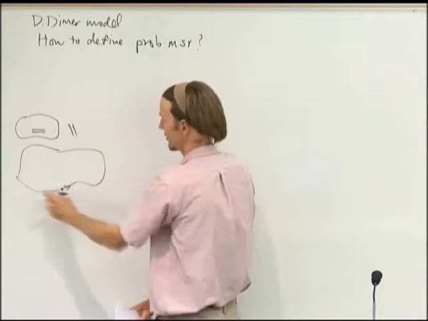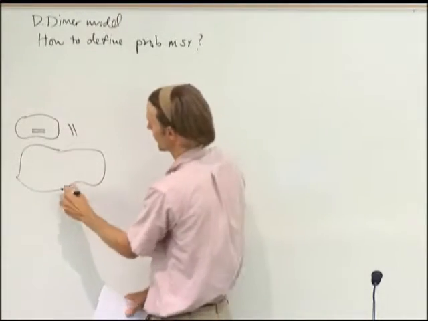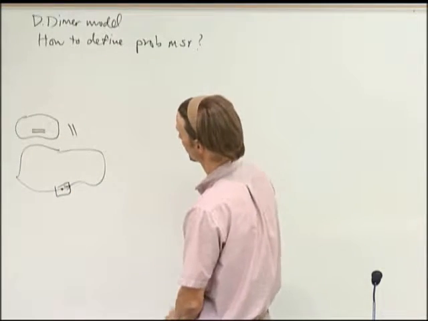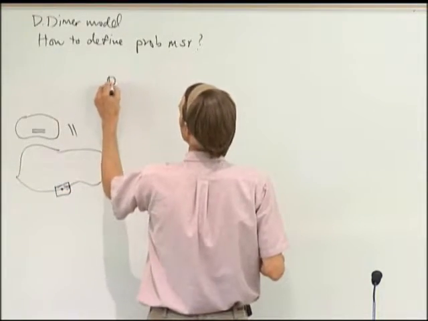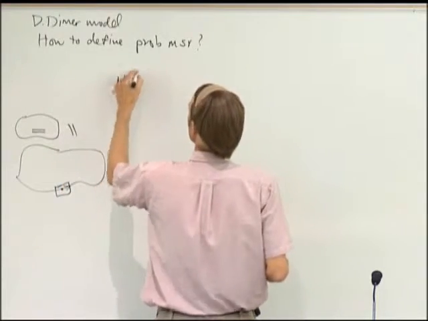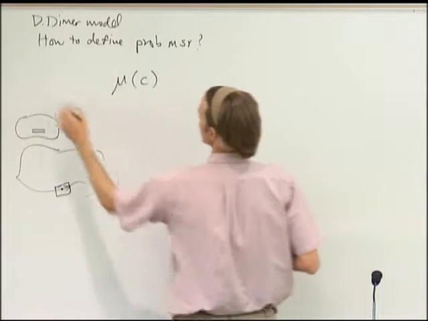And when you come back to the place you started, you don't necessarily get the identity, right? You get some non-trivial map from that vector space to itself. And the trace of the monodromy is the relevant quantity. So we're going to define the measure of a configuration C, where C is a double dimer configuration.